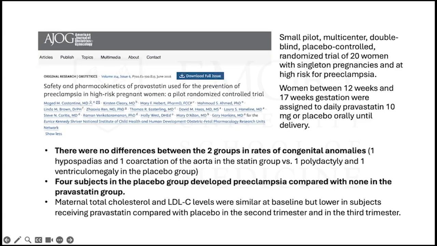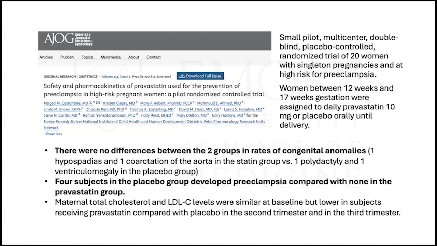And then more recently, there were a couple of randomized controlled trials that came out. This one is a small pilot, multi-center, double-blinded, placebo-controlled randomized trial of 20 women with singleton pregnancies who were at high risk for preeclampsia.